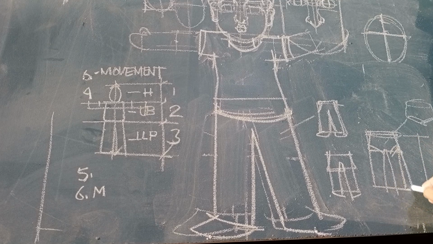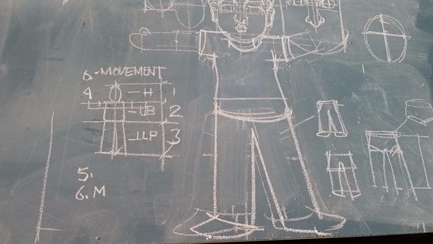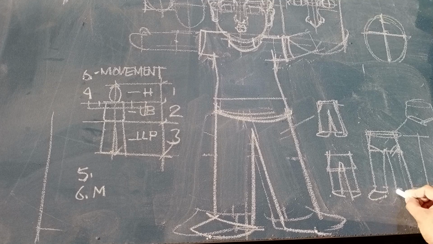Simply draw a divided line with an arc at the bottom, and that already gives you the lower part of the body.